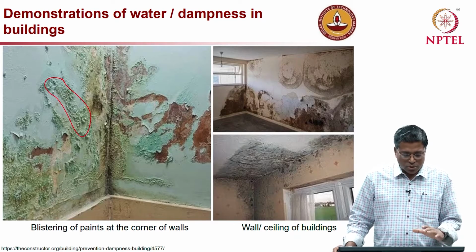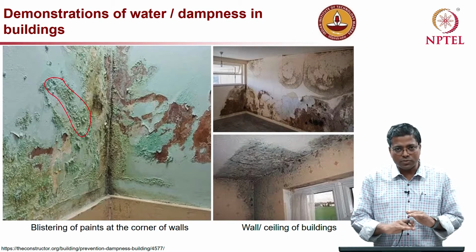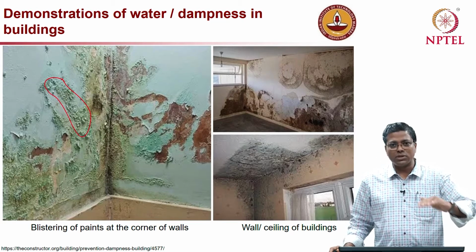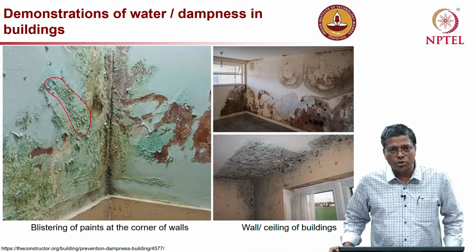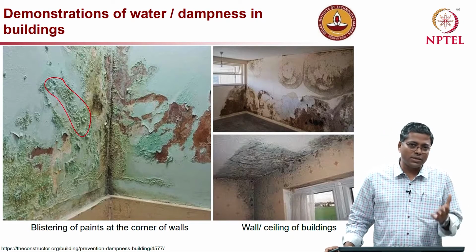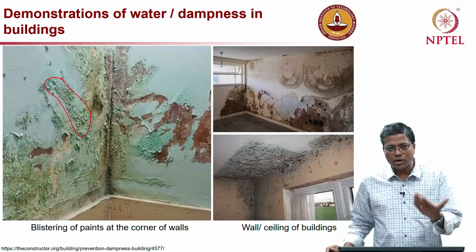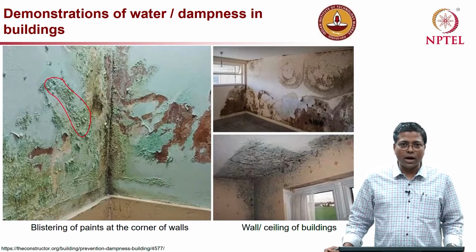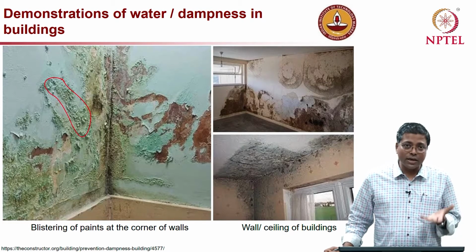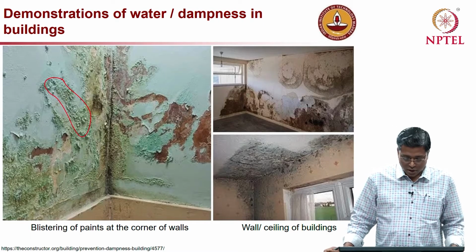In most of these types of buildings, you will see that this kind of damage is very prevalent in the surface which is about 1 meter or 2 meters from the ground level. If that is the case, it indicates that it is actually due to capillary suction of the water available at the ground, which is getting into the wall element or whatever concrete element we are talking about.